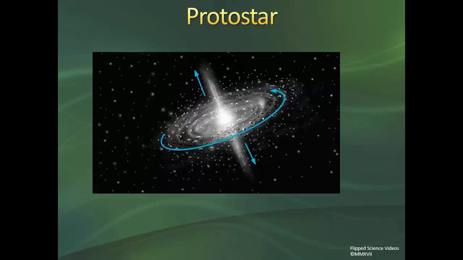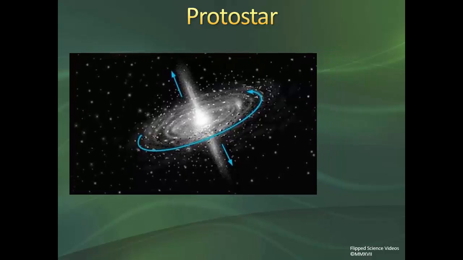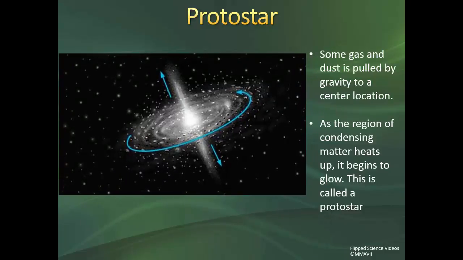During the protostar phase of a star's life, material is being brought together through gravitational pull. Gas and dust from the nebula is all being brought to a center location. As this dust and gas is being brought to that center location, lots of pressure is occurring. That pressure causes things to heat up.